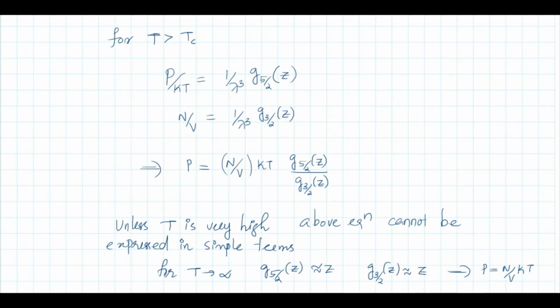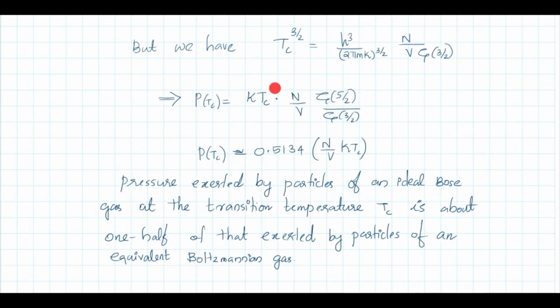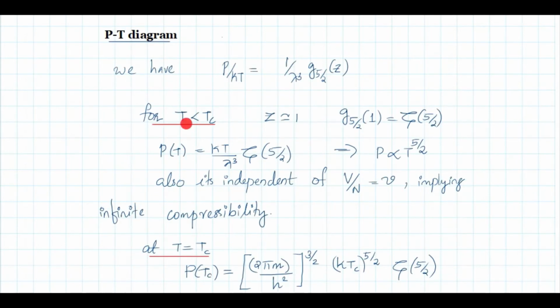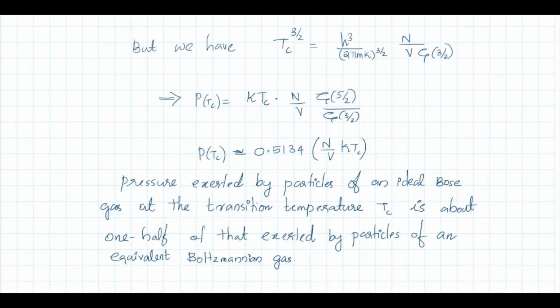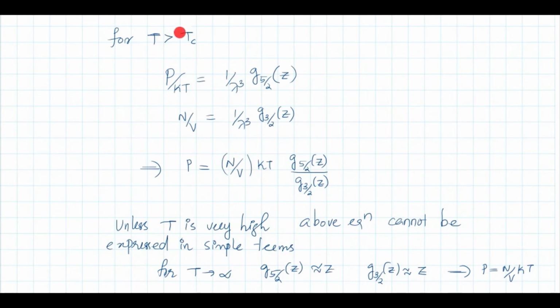Now, for T greater than Tc, these equations are applicable only up to T equal to Tc, because we took Z approximately as 1. But for T greater than Tc, Z is not 1, Z value is less than 1. So, you have to use the actual expression P by Kt equal to 1 by lambda cube G 5 by 2 of Z. You cannot replace this Z with 1.